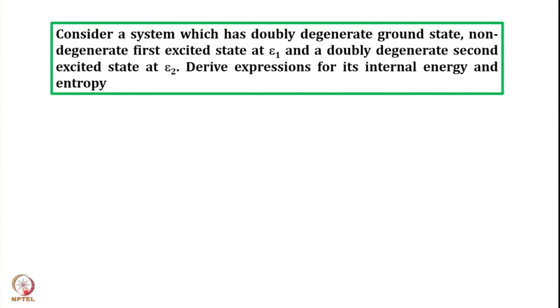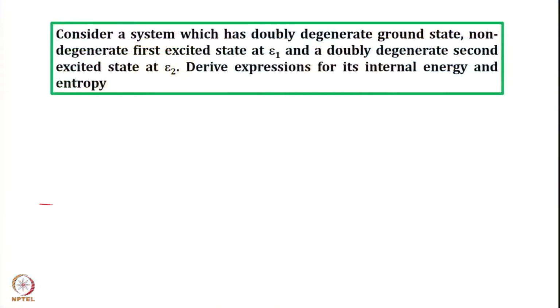Let us try to understand this problem. Consider a system which has a doubly degenerate ground state. Let's write that. There is a doubly degenerate ground state, a non-degenerate first excited state.